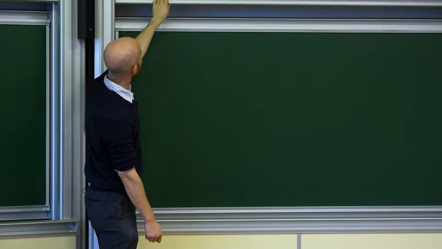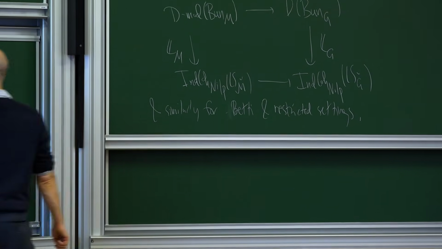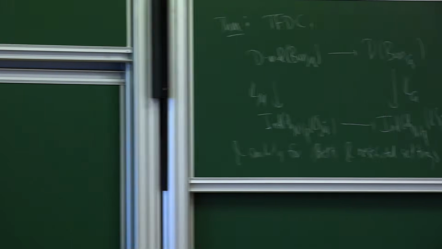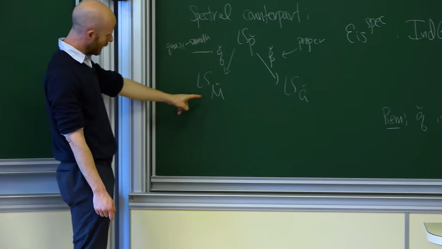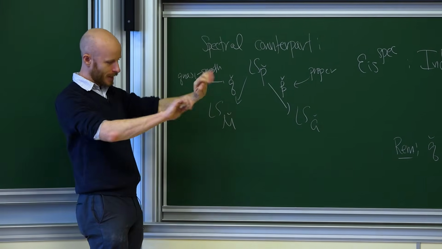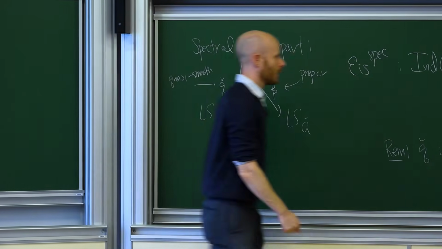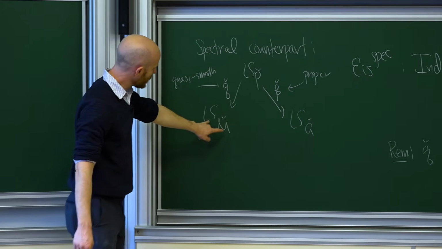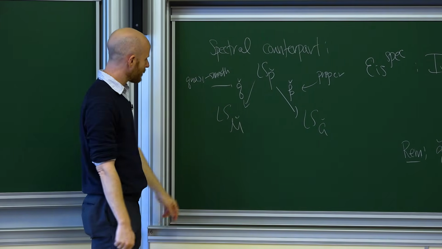Okay, so I want to comment on the meaning of this. What is this saying? What does this spectral Eisenstein operation do? You take an M-check local system, so think of a semi-simple local system, just block diagonal matrices.